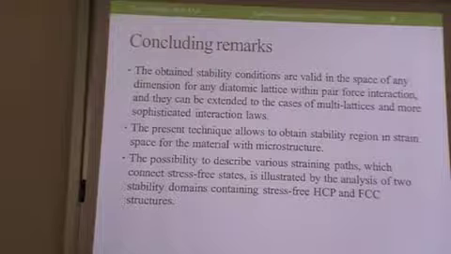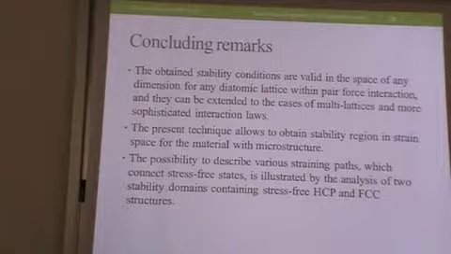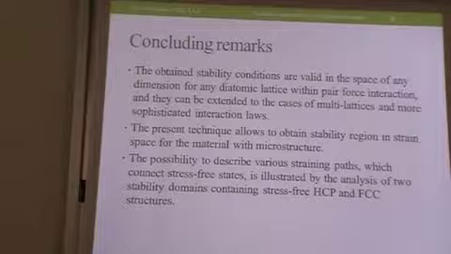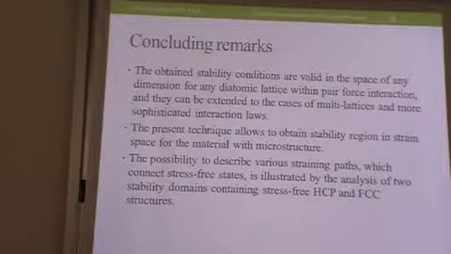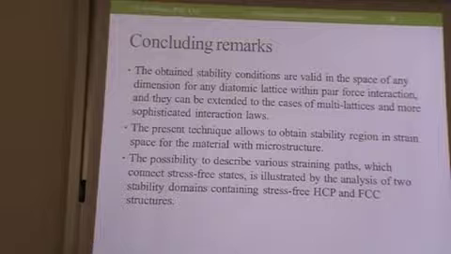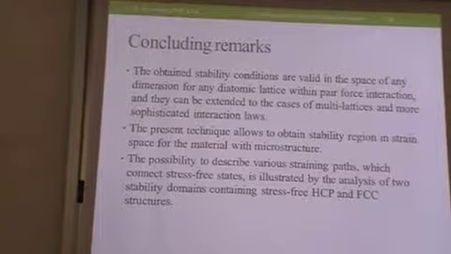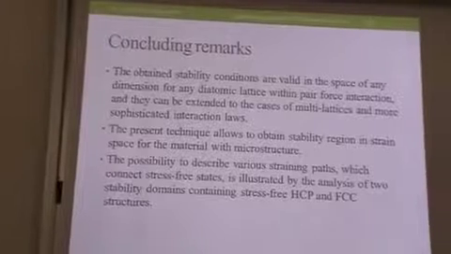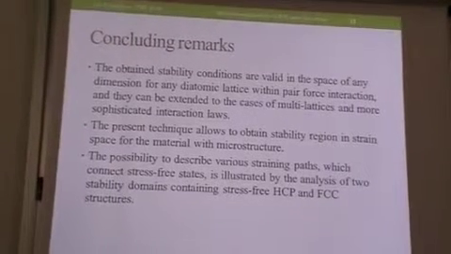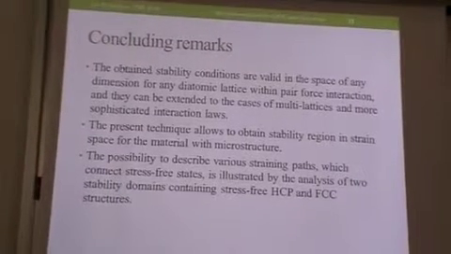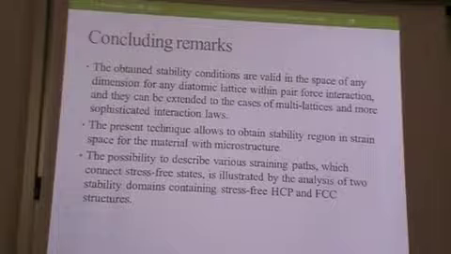And the technique allows us to obtain the stability region in strain space for a static material. It means that we can describe various straining paths. In the literature, usually only one or two paths are investigated.